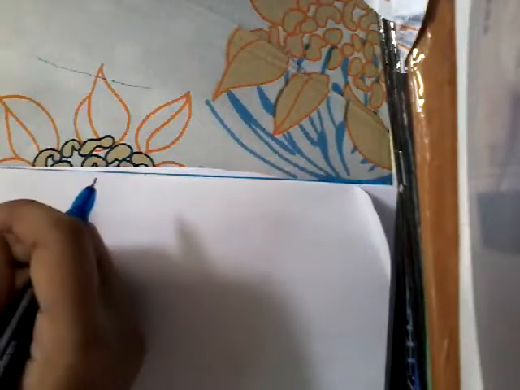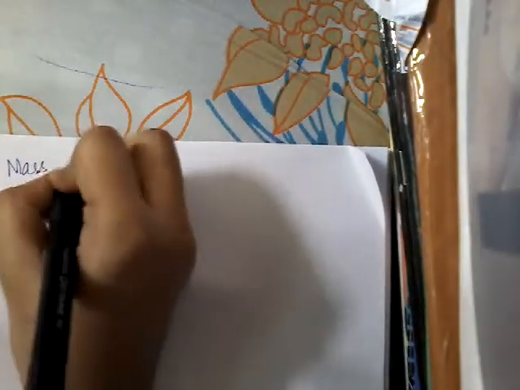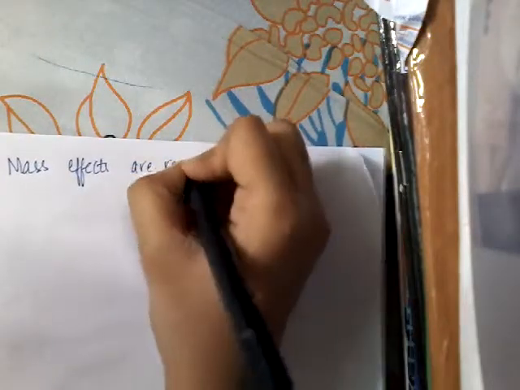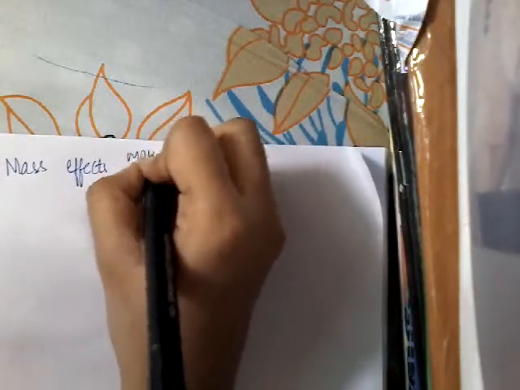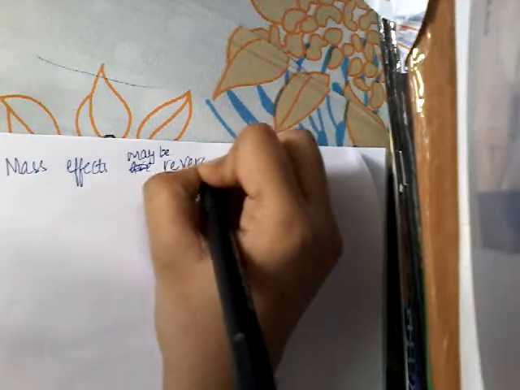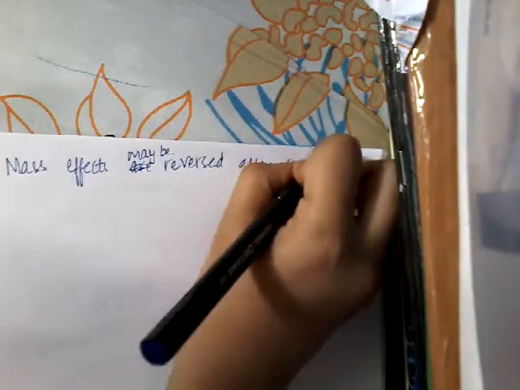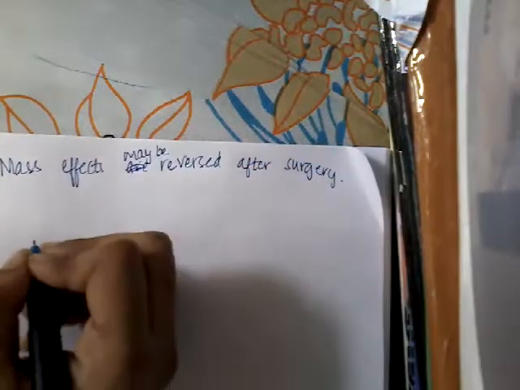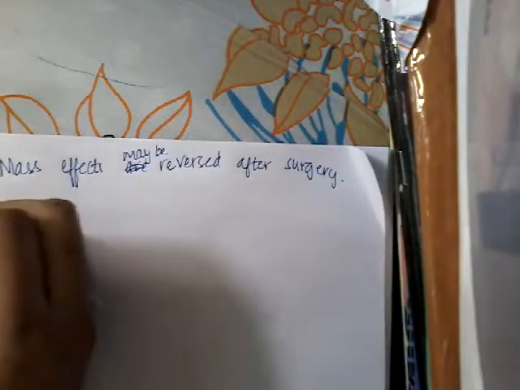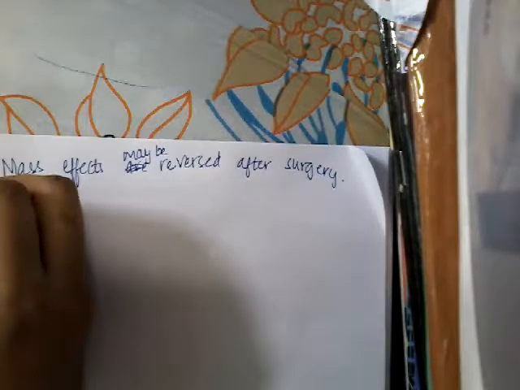After surgery, all the mass effects will be reversed in most of the cases. So the major thing is that the risk versus benefit ratio should be considered for extensive tumor resection.